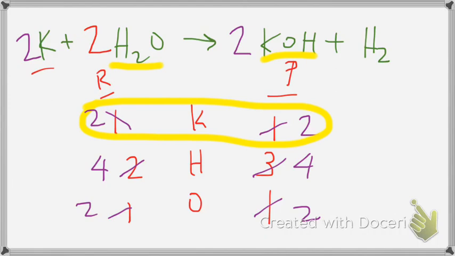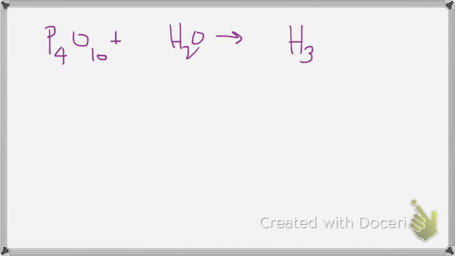Let's do another example. This time, we're actually going to start off with tetraphosphorus decoxide plus water to form phosphoric acid.